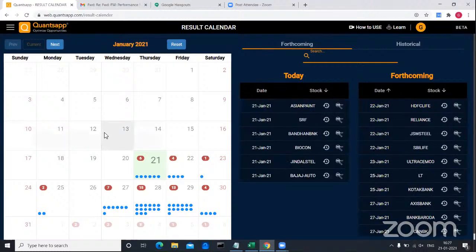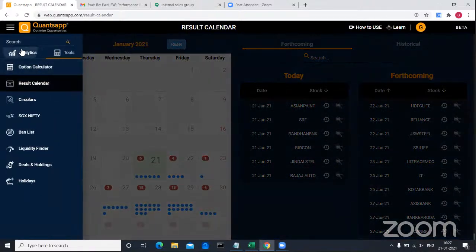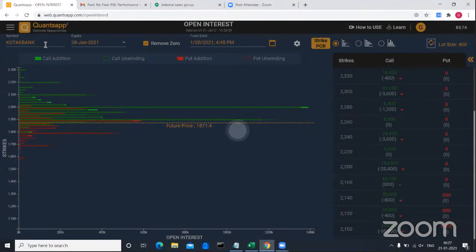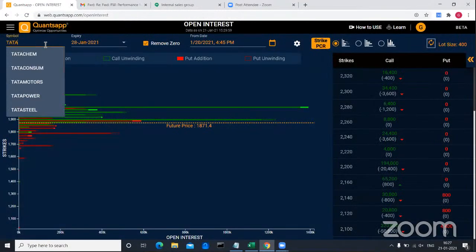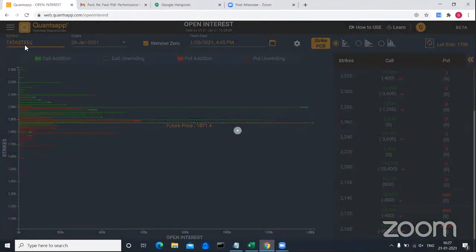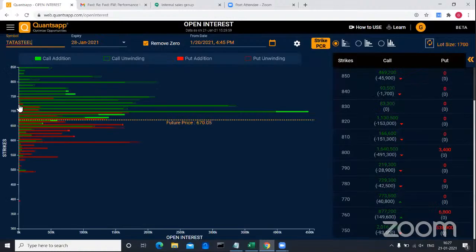Whether Tata Steel is an FNO, Tata Steel is an FNO.